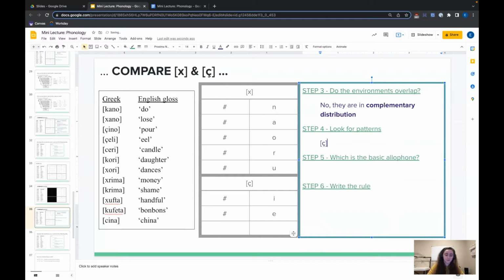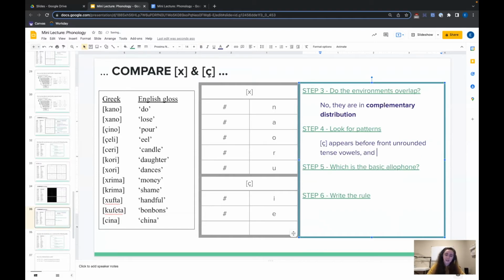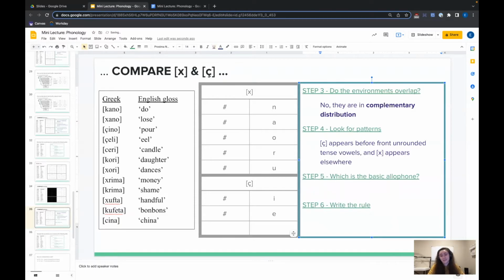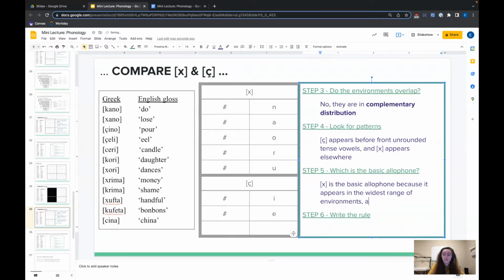The voiceless palatal fricative appears before front unrounded tense vowels, and the X one appears elsewhere. So which is the basic allophone? Well, X is the basic allophone because it appears in the widest range of environments, and the voiceless palatal fricative is the restricted allophone.